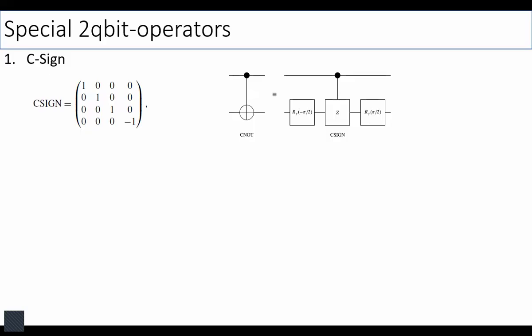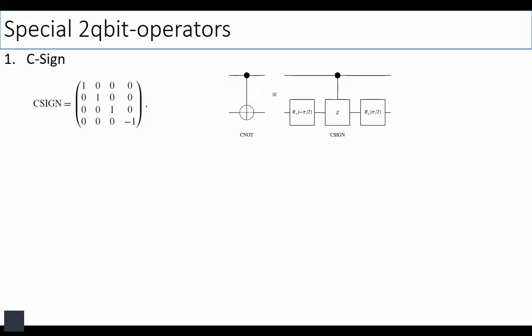Let me see how it works. Let us see, 0 phi will go to 0 Ry of phi, and 1 phi will go to 1 Ry of phi.